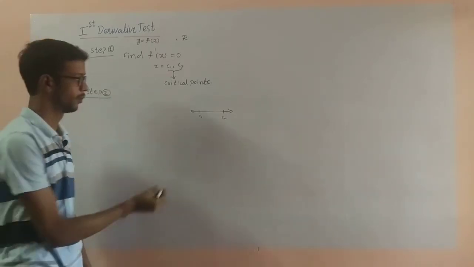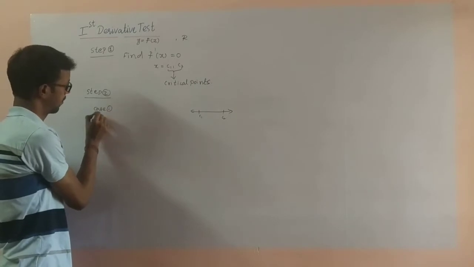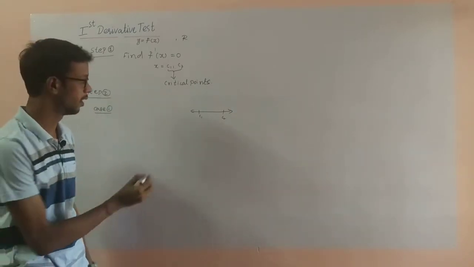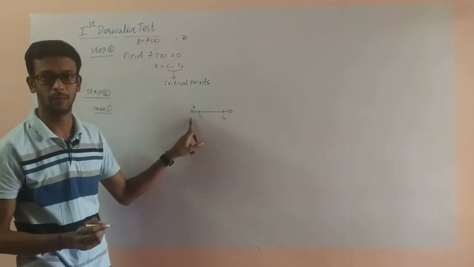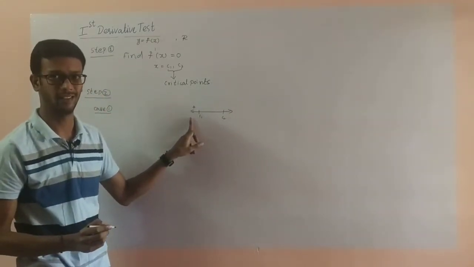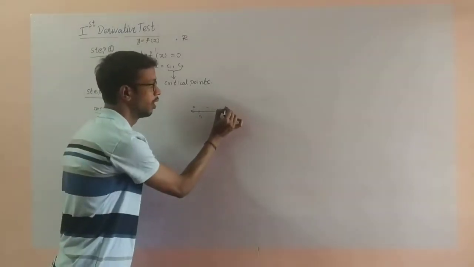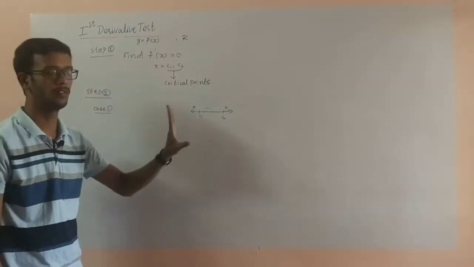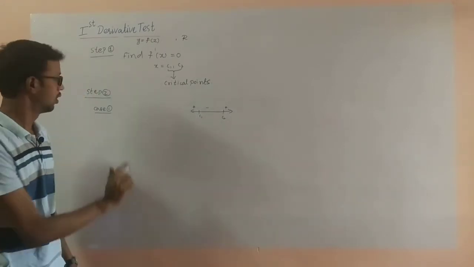Case 1. For example, I am taking on the right side of C1 positive, on the left side negative, and positive. Like this, this is an assumption I am taking here, not particularly this one.